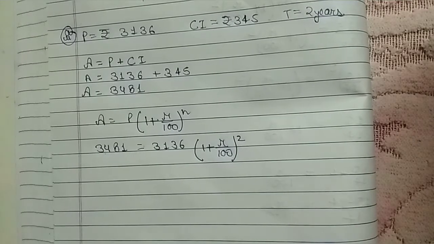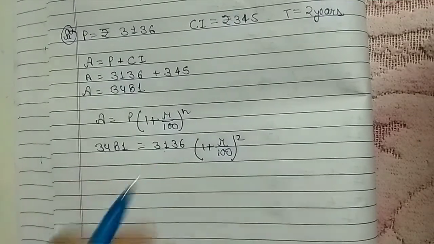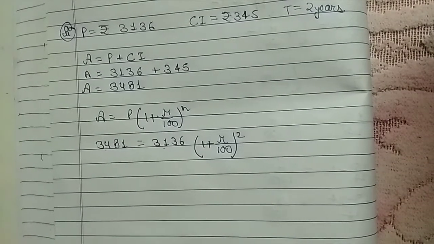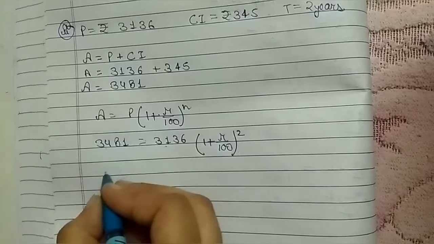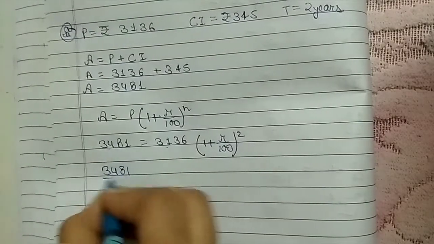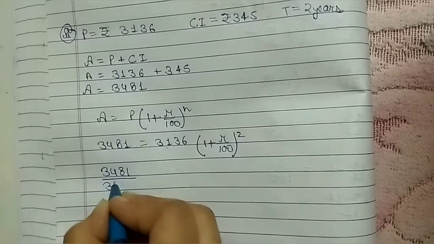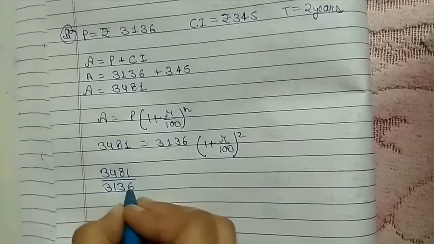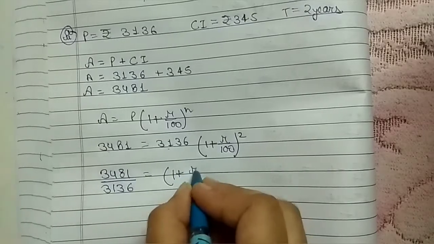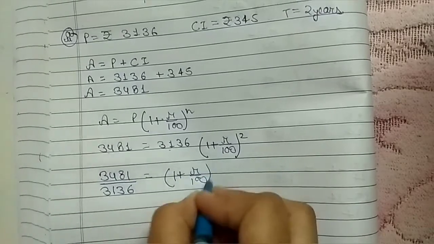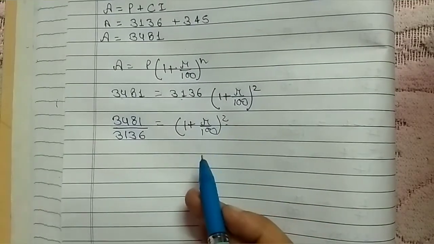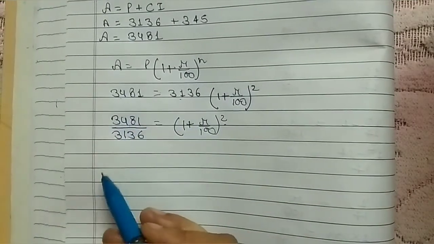Now this 3,136 will go in denominator and it will become 3,481 upon 3,136 equal to (1 plus R upon 100) whole square. Now here it is square, so we will take the square root this side also.